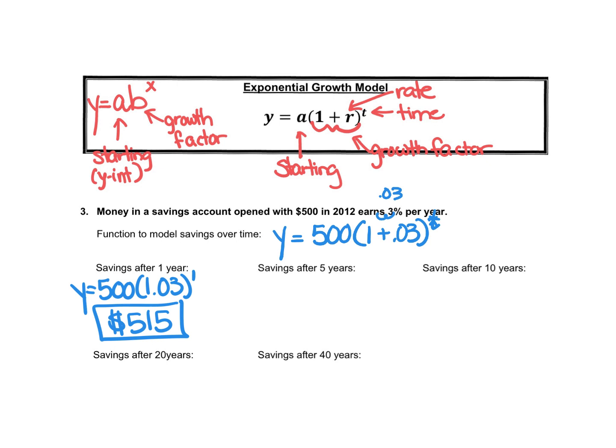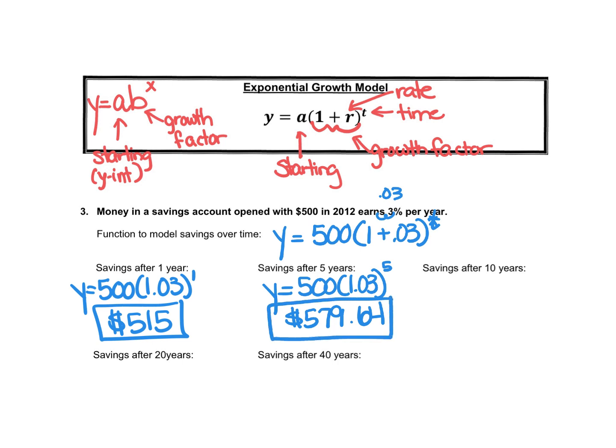After 5 years, we'll have 500 times 1.03 to the 5th power. You will end up having $579.64.